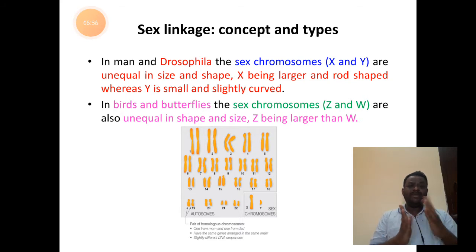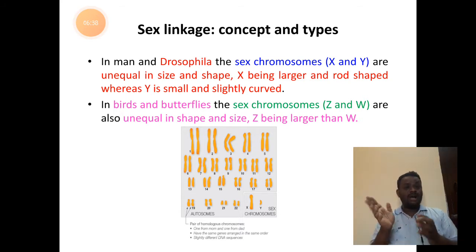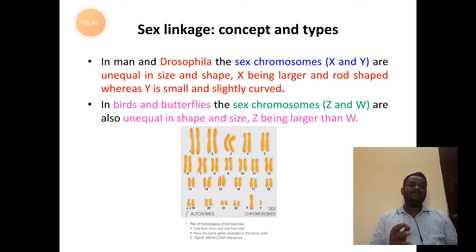Whereas X and Y, X being larger and rod shaped, Y is smaller, slightly curved. So the chromosomes are unequal in size as well as shape between X and Y, whereas XX chromosomes are homotypic chromosomes.